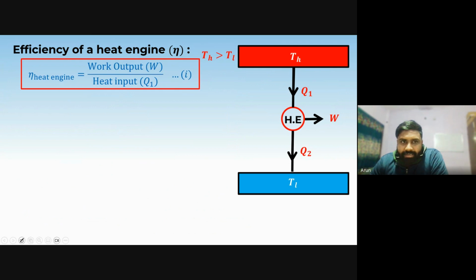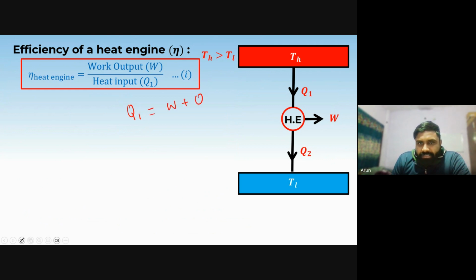So it absorbs heat from the higher temperature, rejects heat to the lower temperature by doing some work. Efficiency, you can say eta of a heat engine, is work output W divided by heat input. Now, if you see the energy equivalence equation here, Q1 is the amount of heat that I have taken. This is nothing but the work done plus Q2, because energy can neither be created nor destroyed. So work done here equals Q1 minus Q2.